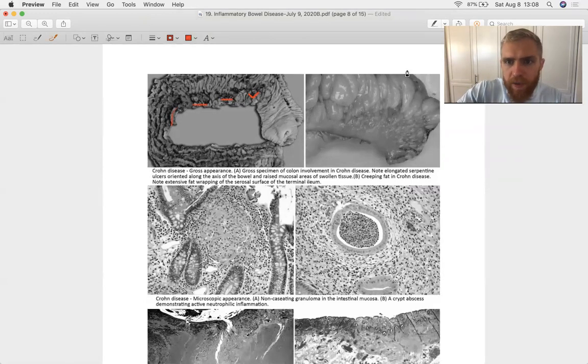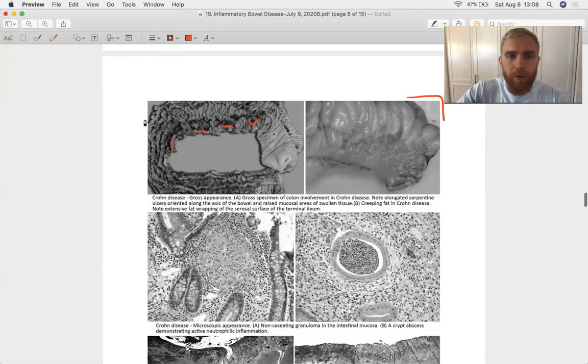This is this phenomenon called creeping fat. And so when you're thinking about creeping fat, you want to think about a gut that's been sliced axially. So imagine you're looking down the z-axis of the gut and you're looking at a lumen like that. Well, normally you've got mesenteric fat just kind of around where the mesentery attaches to the gut, but you don't have that much of it, you know?